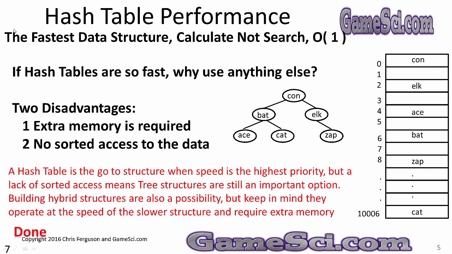A hash table is the go-to structure when speed is the highest priority. But a lack of sorted access means tree structures are still an important option. Building hybrid structures are also a possibility, but keep in mind they operate at the speed of the slower structure and do require extra memory. You can build a tree hash table hybrid data structure, but it's going to run at the tree speed.